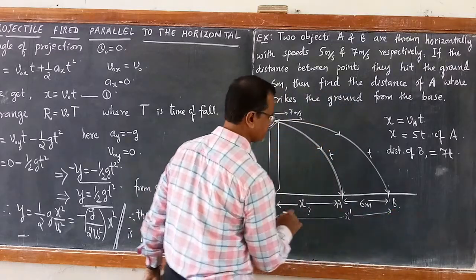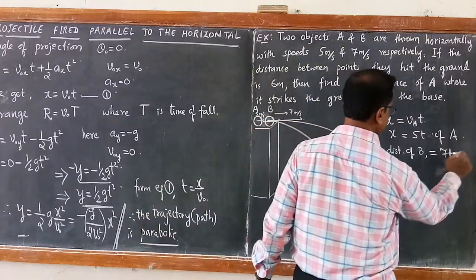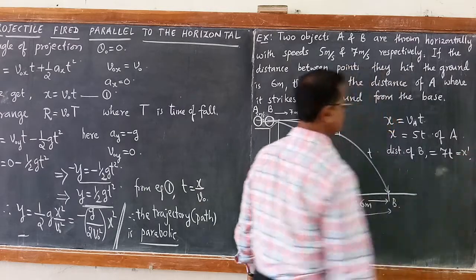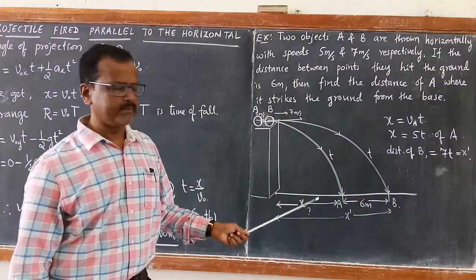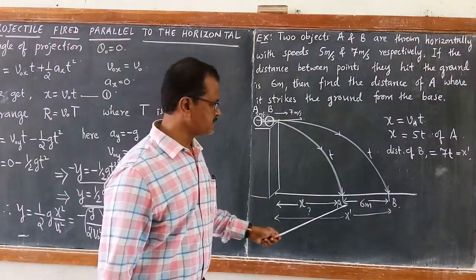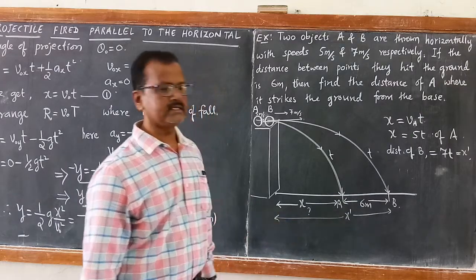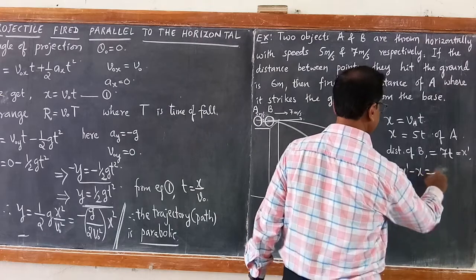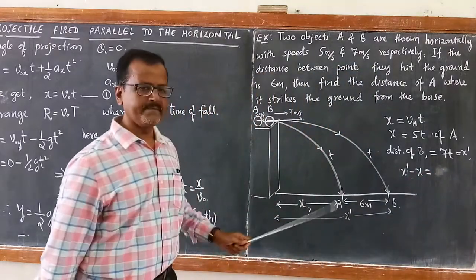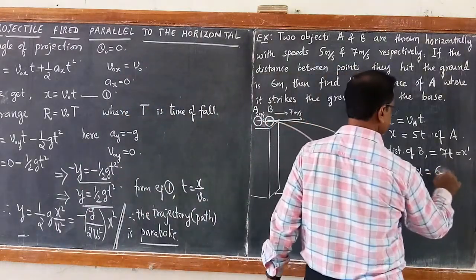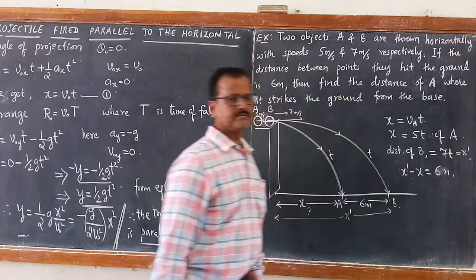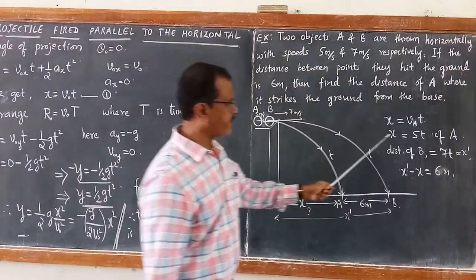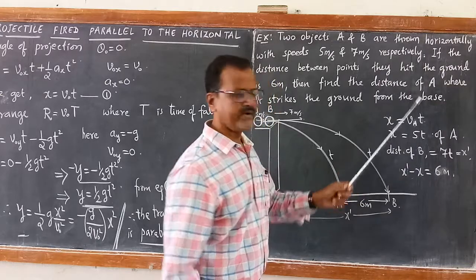Then x dash becomes 7 times t. It is given in the problem that the distance between these 2 points where they hit the ground, x dash minus x, that is AB, is 6 meter. Therefore, we can write 7t minus 5t equal to 6.